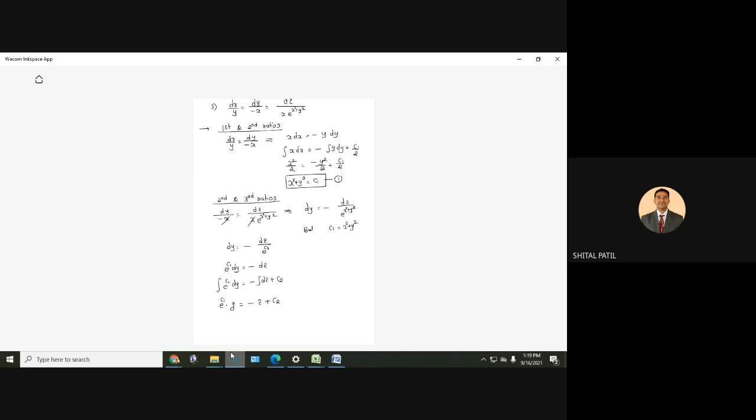So we can do it in this way. E raised to c1. But what is c1? I have substituted c1 and taken minus z to other side. That's it. Hope you might have understood. Yes, sir.